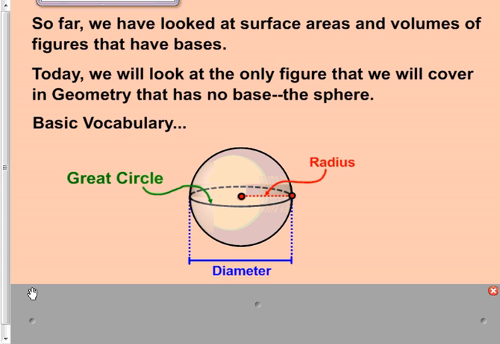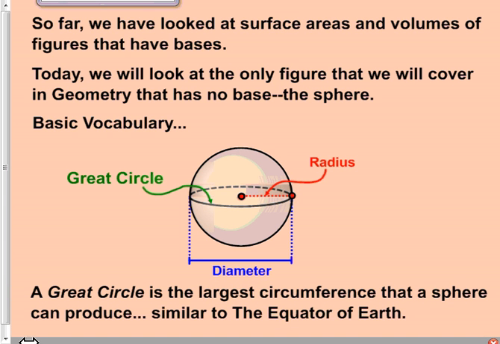A term that might be new to you would be the concept of a great circle. The great circle comes with a definition: it is the term that we use to describe the largest circumference that a sphere can produce. As a real world demonstration, one of the things you can think about is the equator.